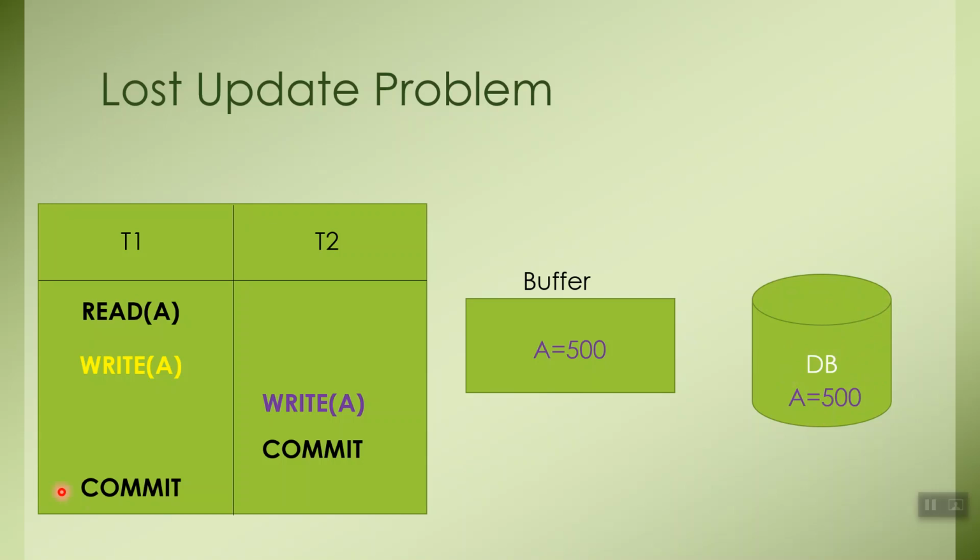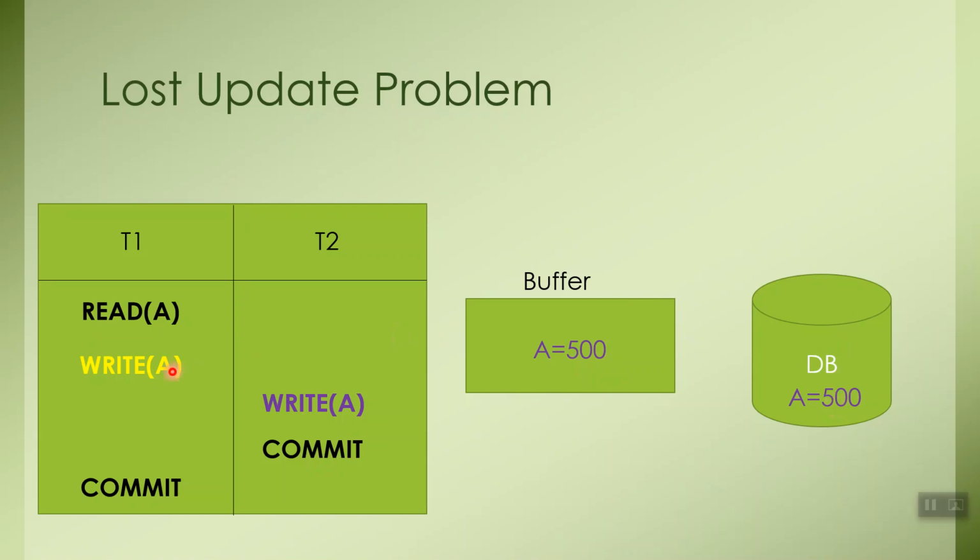As the context switch happened and the write A statement of T2 executed, the changes made by T1 were overridden. After that, T2 also performed commit, so it updated its value into the database.